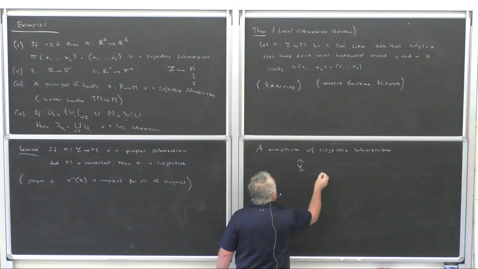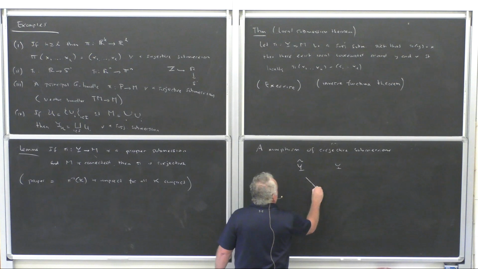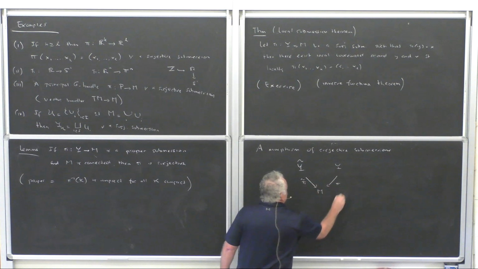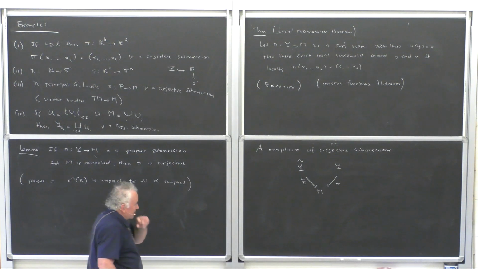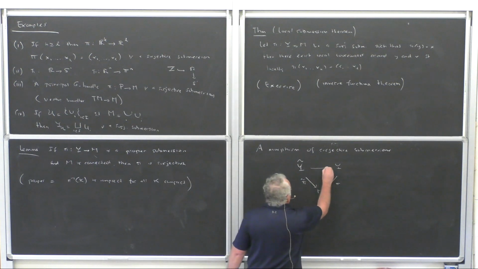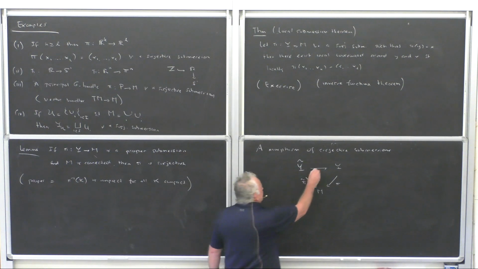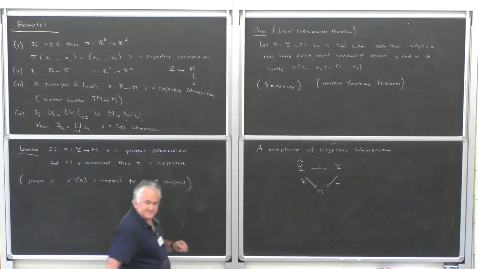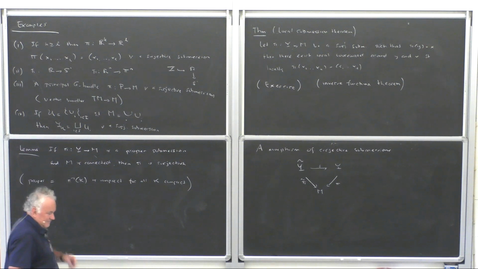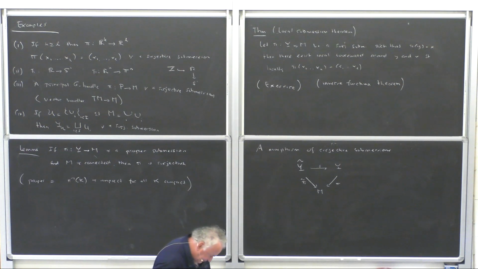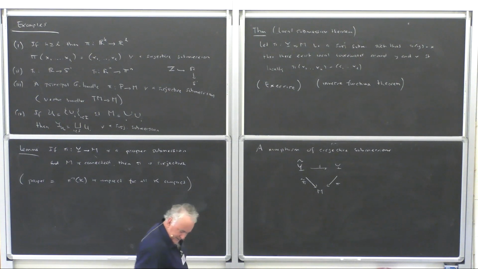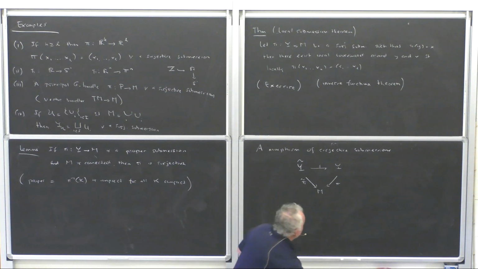So if I have two surjective submersions over M, then by a morphism I mean a smooth map between smooth manifolds in such a way that this diagram commutes.